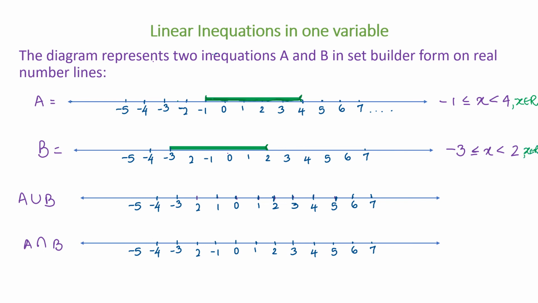Now, when I want to write A union B, it will have all those elements which are in A or in B, and therefore it is going to be from -3 onwards up to 4, all the elements. But -3 is a part of the set B, but 4 is neither a part of A nor of B, and therefore you are going to call this a hollow circle.